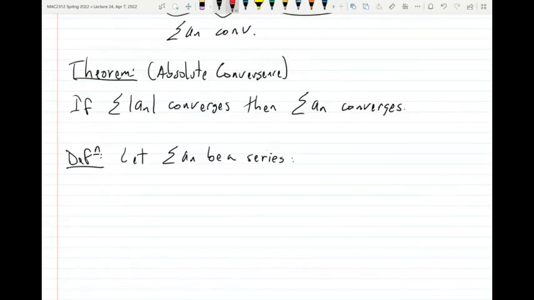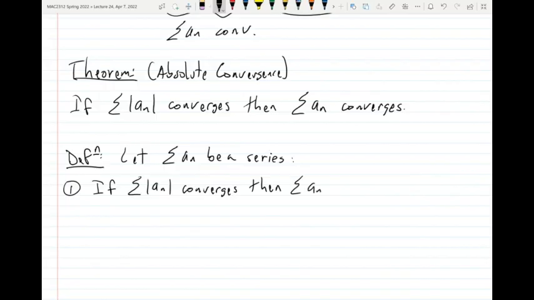Then number 1. If the series of absolute values converges, okay, then we know that AN converges, so we say that AN converges absolutely. So it's said to be absolutely convergent. That's the definition, okay?